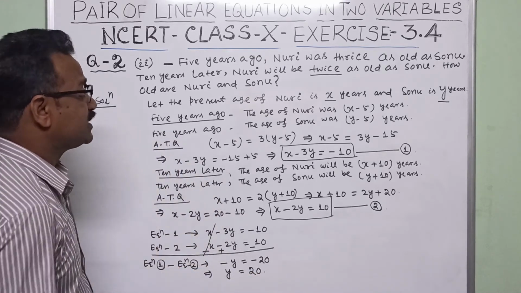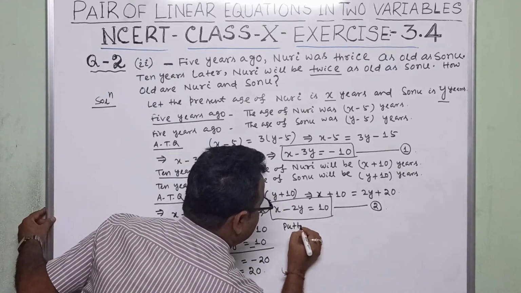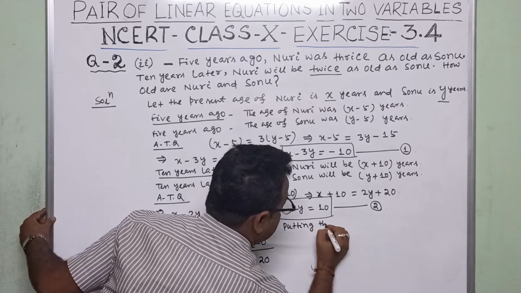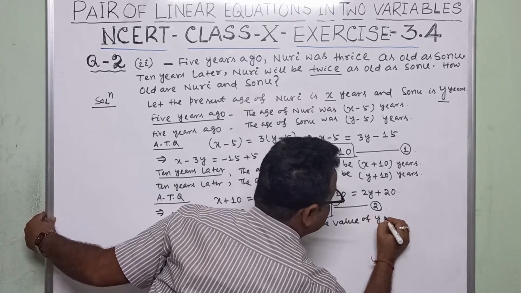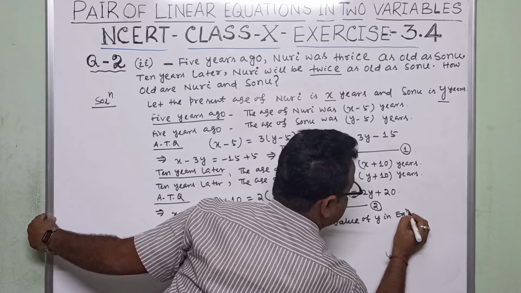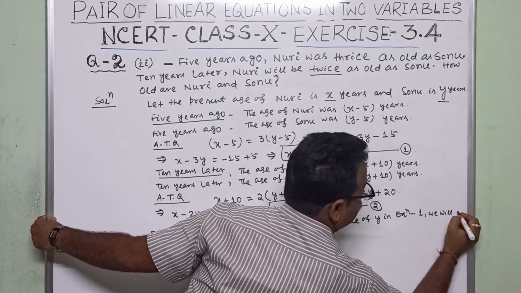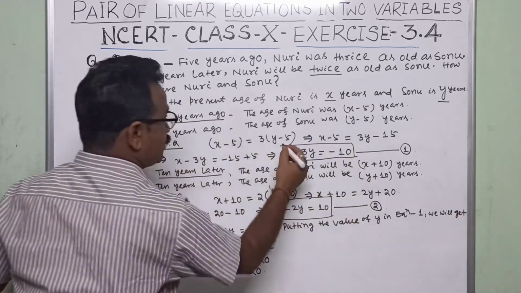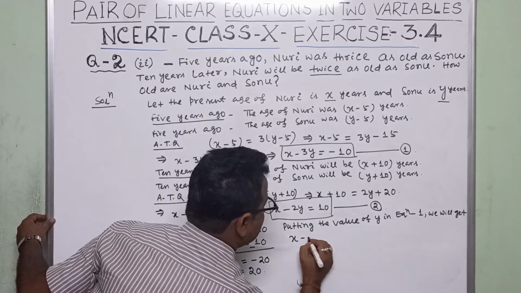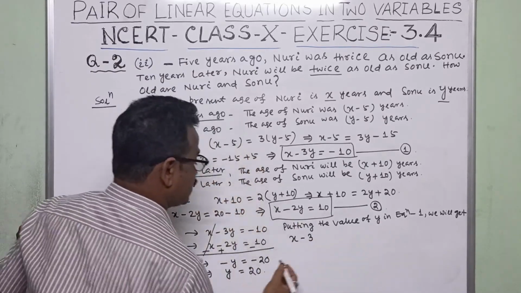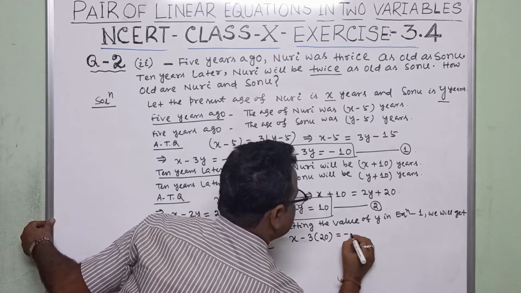Now we have to find out x. Putting the value of y in equation 1: x minus 3 into 20 is equal to minus 10.